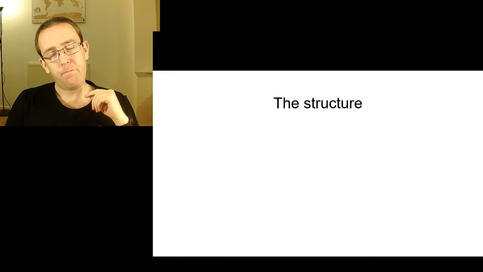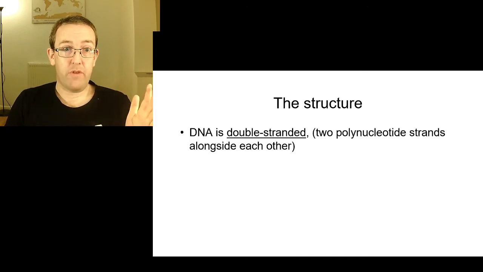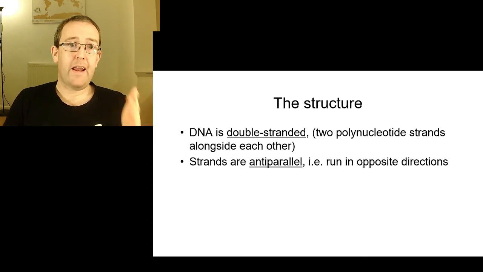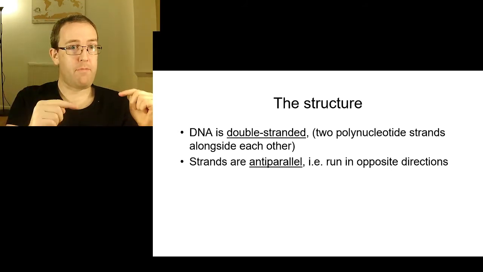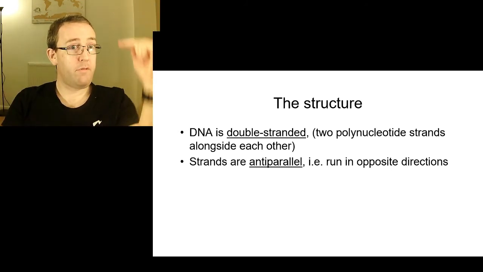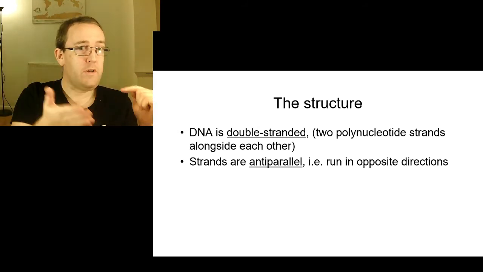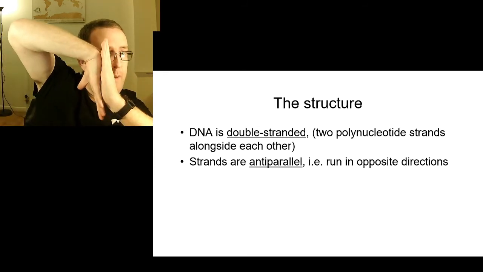So, the structure. Of course, it's double-stranded. You don't just get one strand, so now we're zooming out a little bit more. It's double-stranded, and actually the strands don't run 5', 5', 3', 3'. They run 5' to 3' and 3' to 5'. So this one is back to front. They're not parallel like that, they are anti-parallel like that.